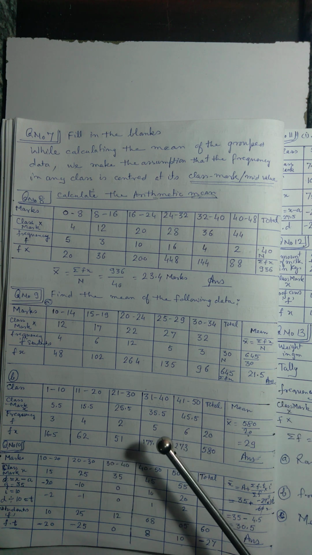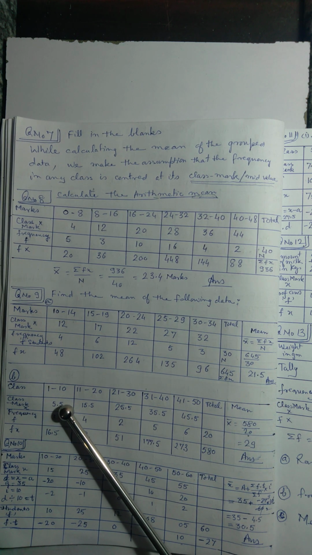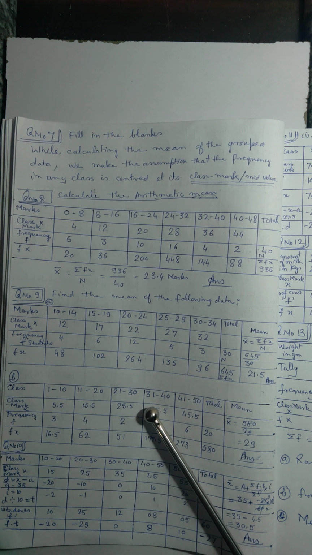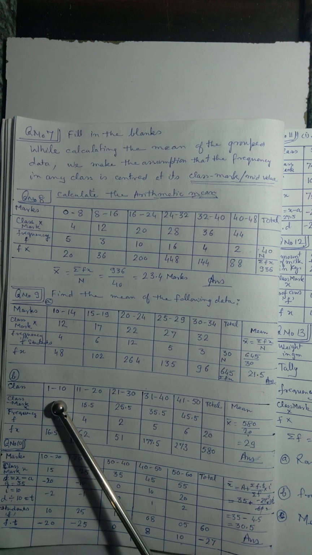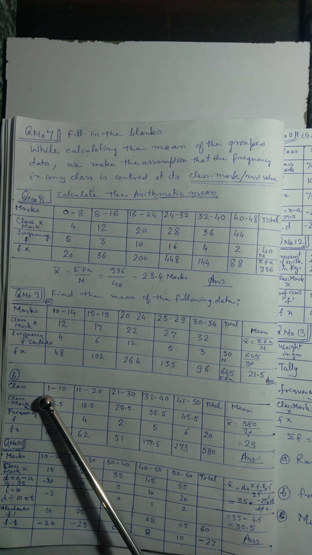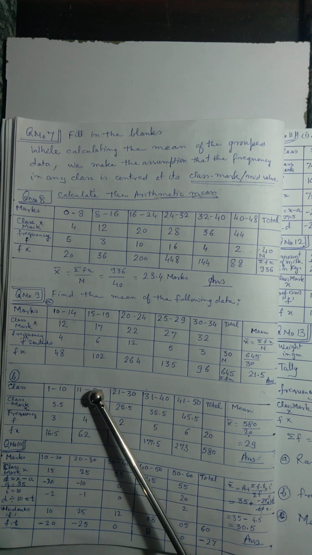Now come to the B part. You see the classes given are 1 to 10, 11 to 20, 21 to 30, 31 to 40, 41 to 50. This is also an inclusive class. Means the lower limit and upper limit both will be included in this class.